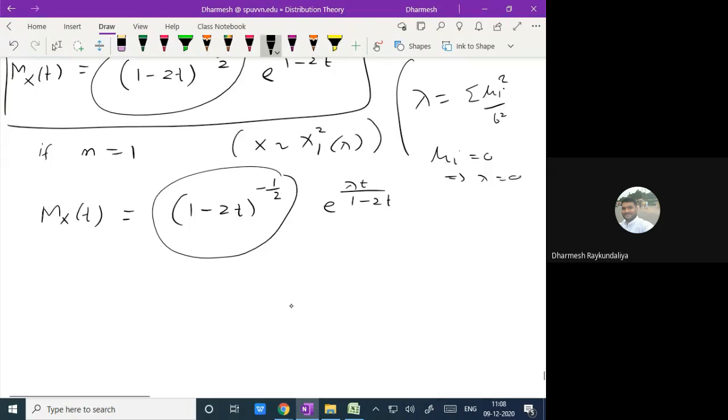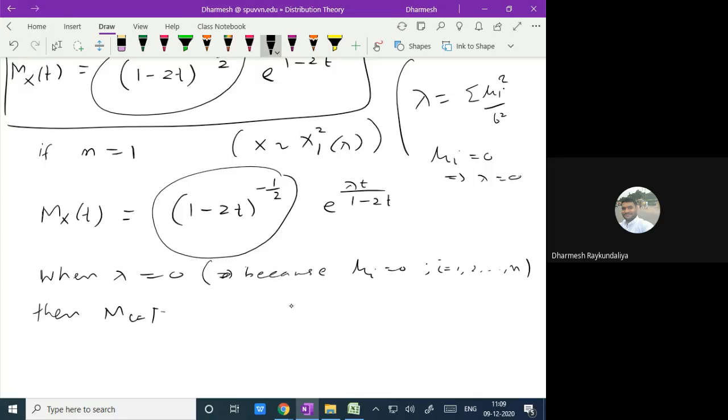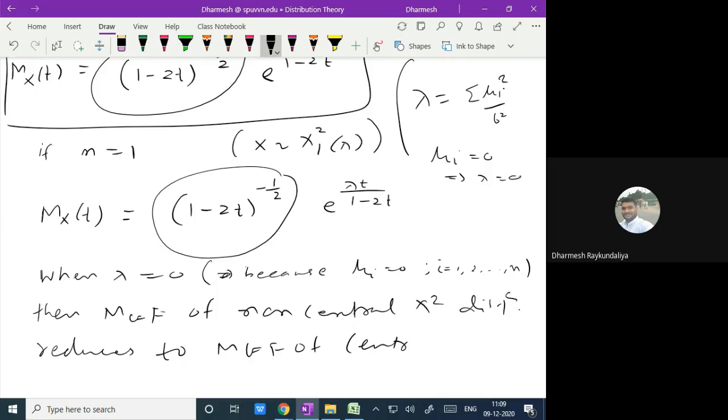So when lambda equal to 0, which implies lambda equals 0, because mu i equal to 0, i equal to 1 to n, then the MGF of non-central chi-square distribution reduces to the MGF of central chi-square distribution.